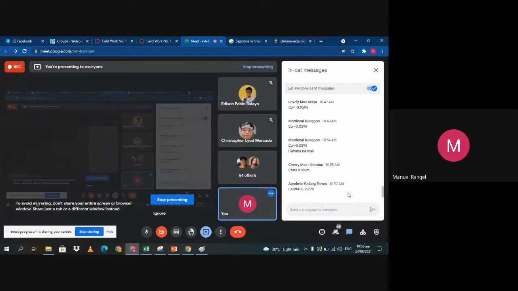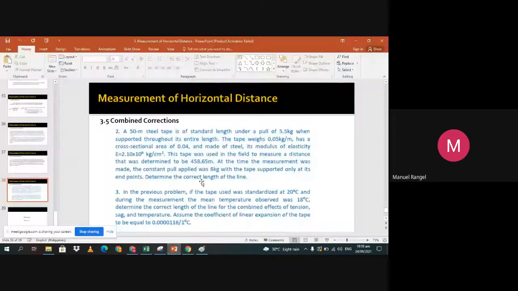Diba nag-text ko sa inyo itong isang adlaw ko itikuhaon?